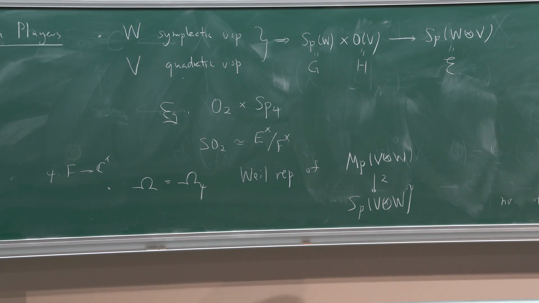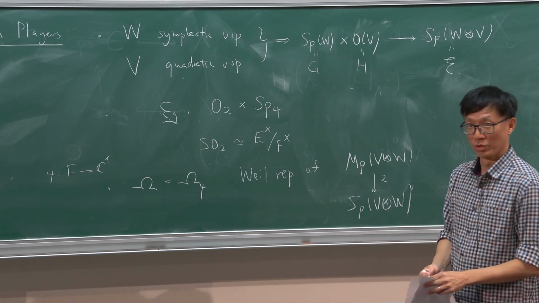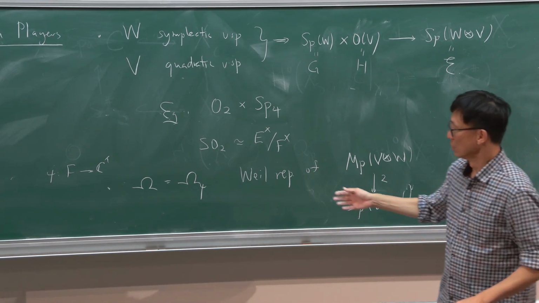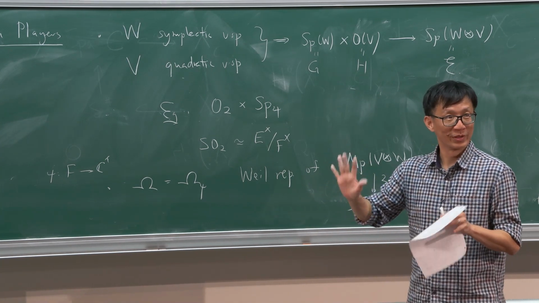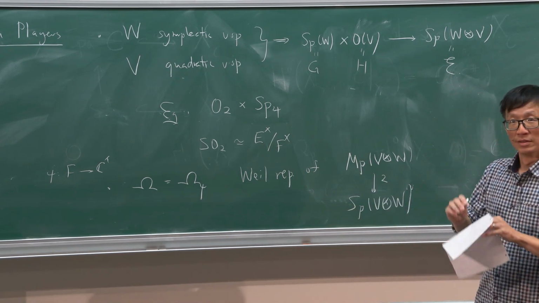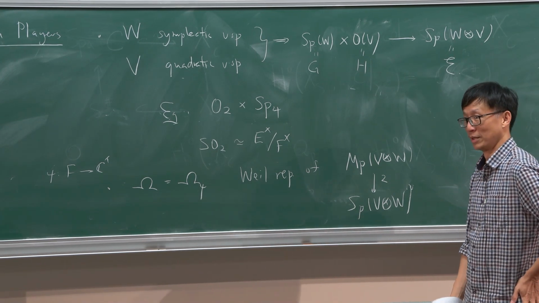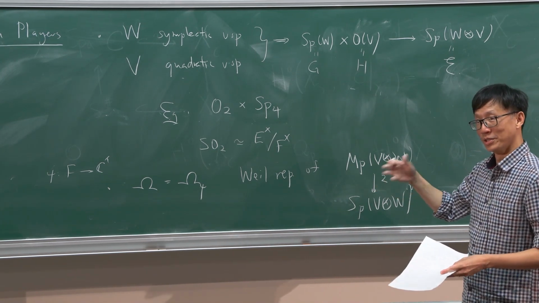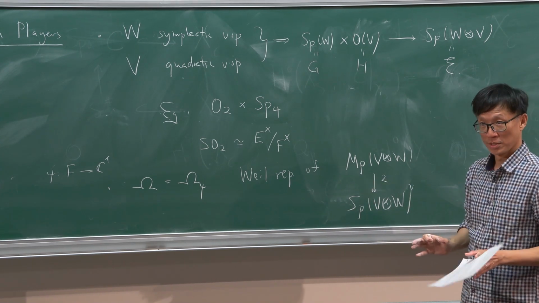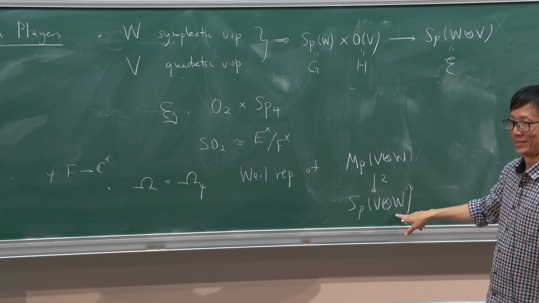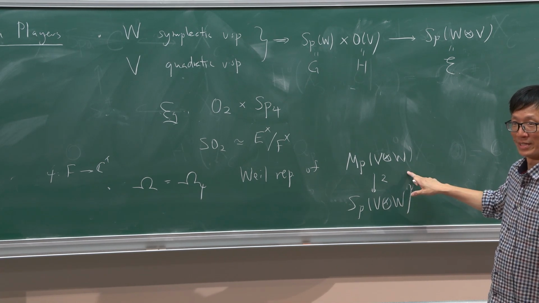Let me make a few remarks about this Weil representation. I mentioned just now that you want to take a small representation, but maybe you don't want the trivial one. This one is the next smallest. It is infinite dimensional, but there's some measure of dimension, which I will allude to in my lecture 2, under which this is considered the next smallest. Now, the disadvantage is that it's not really a representation of this group, but of this double cover.